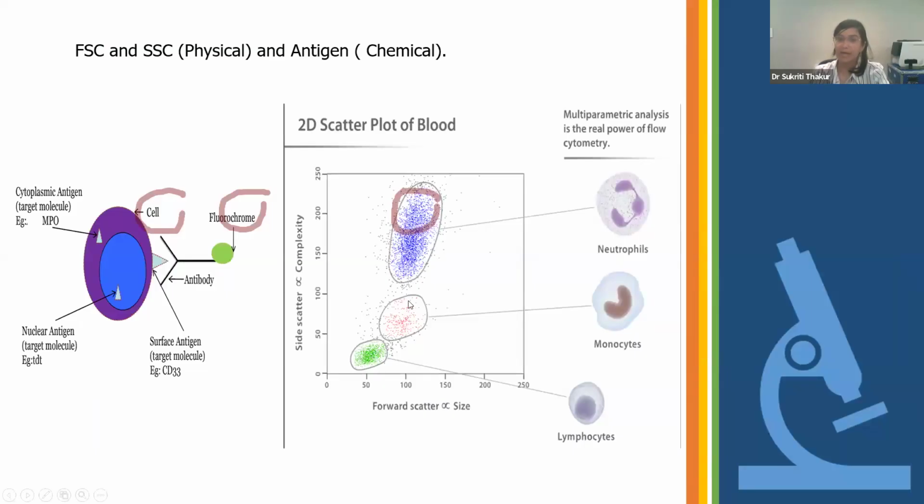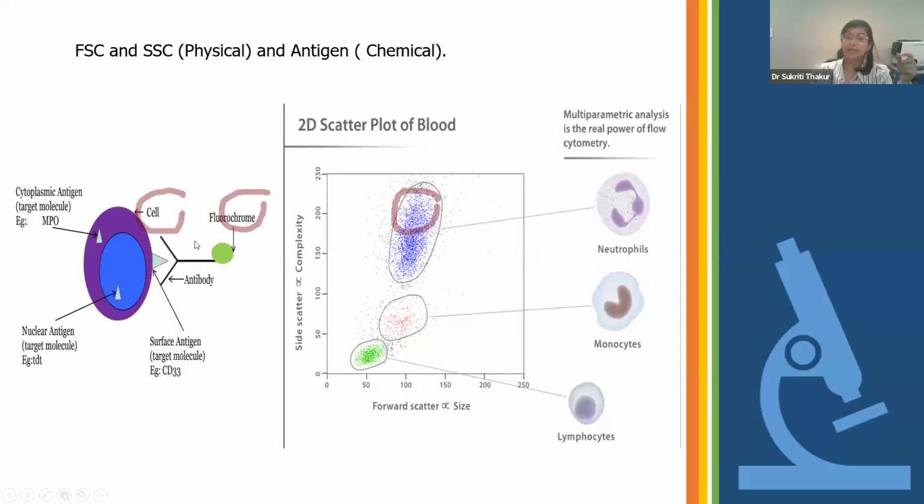The monocytes, which are of medium size and have very fine granules, will have medium side scatter and forward scatter. Whereas the eosinophils and neutrophils, with larger size and more granularity, will have high side scatter and forward scatter and will lie here.